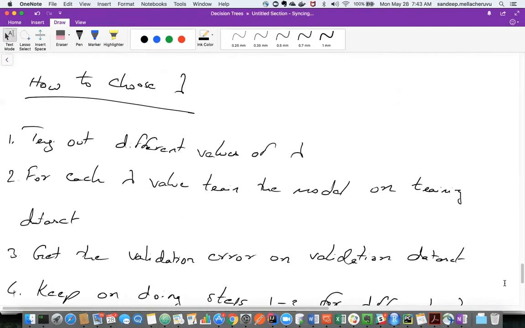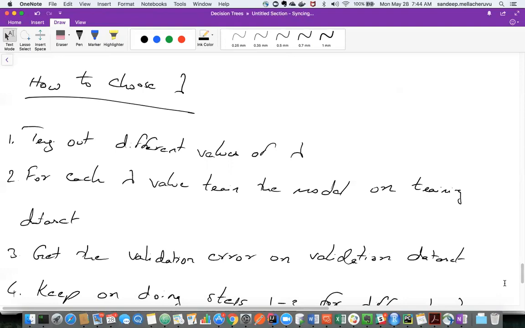Yes, Sandeep. Whenever I say tune this parameter, tuning means you have to find out what is the best value. Machine learning will not find you the best value. You have to find it yourself. If it is lambda or alpha or whatever the name is, try out different values on the validation dataset.